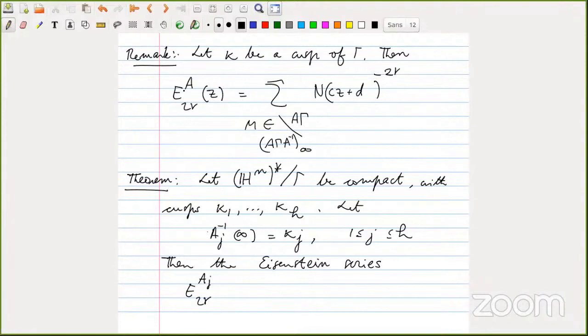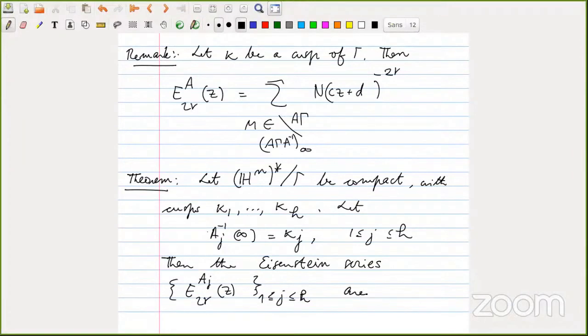In the remark I had this for A, but now I have it for A_j. This will be defined by E_j, for 1 less than or equal to j less than or equal to h.